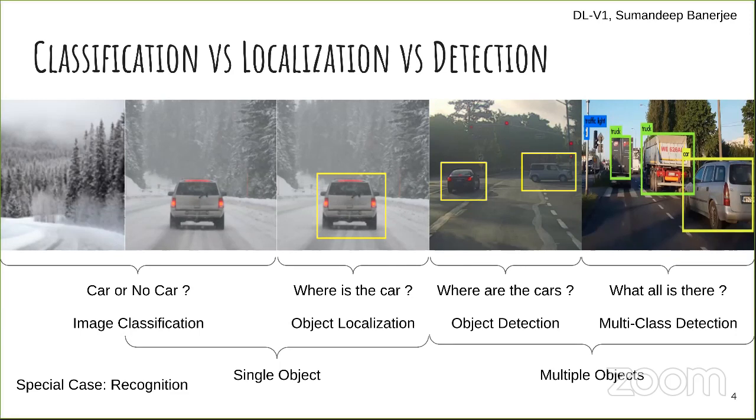And then there is localization, where we are not only interested if there is a car, we also want to find out where within the image the car exists. And of course that problem could be more complex, where there could be more than one possible instance of that object, or even more than one instance of different types of objects. So there is multi-class detection.